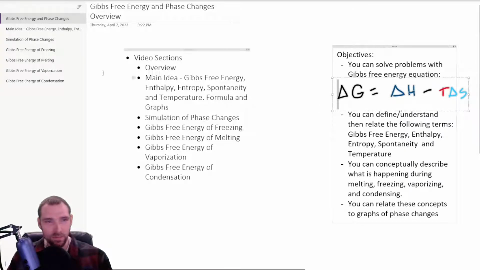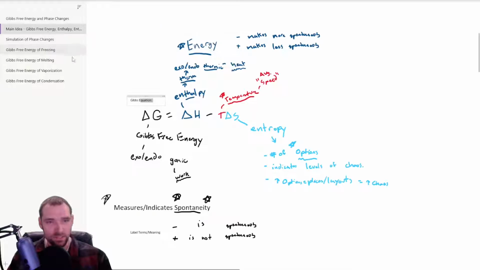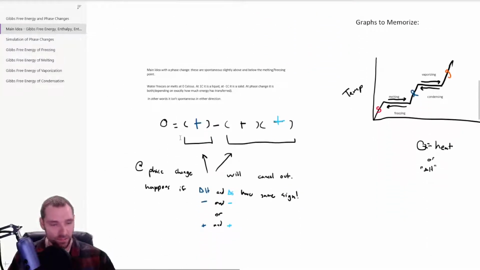I've just put in placeholders. This is our change in G. This is that change in H, T, and change in S. So you've got those different parts of the Gibbs free energy equation and how they relate to each other.